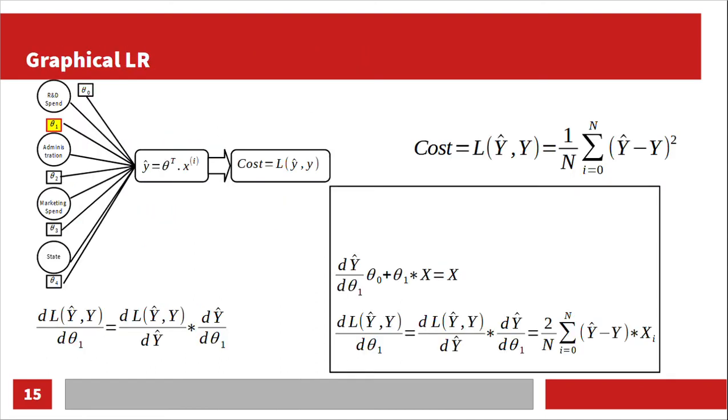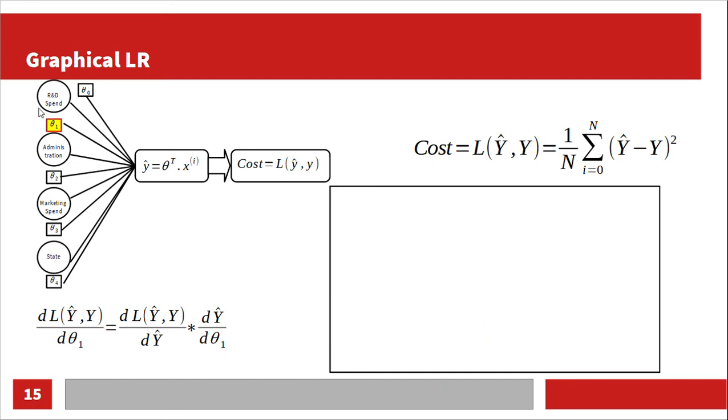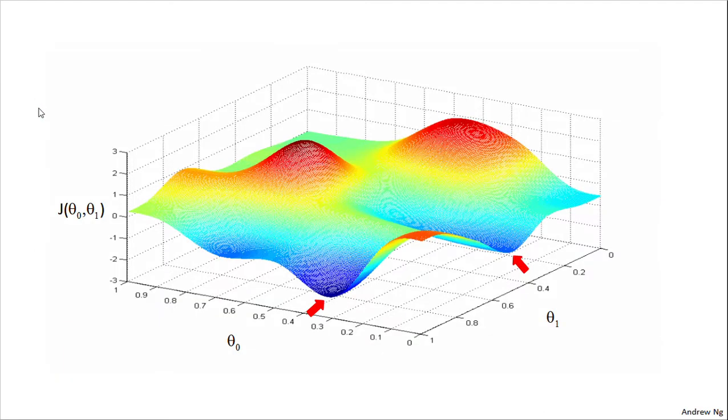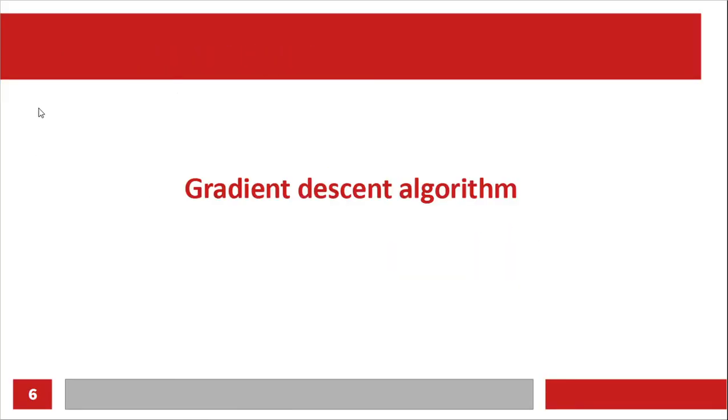For instance, let's go back here. In this case, for example, this is the first line, and it has, for example, research and development, administration, marketing, and state. For the first sample, I will go back to this just to be sure you are on the safe side.